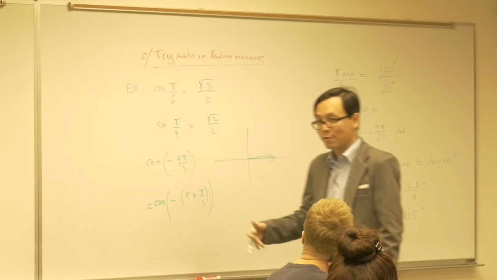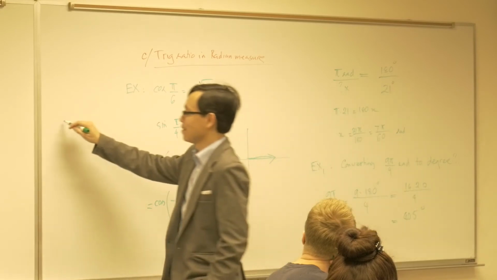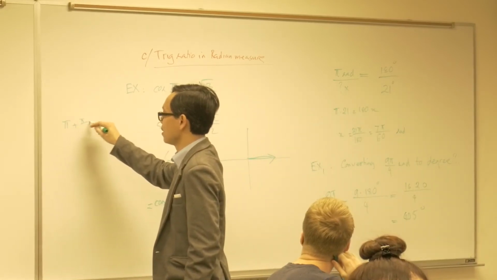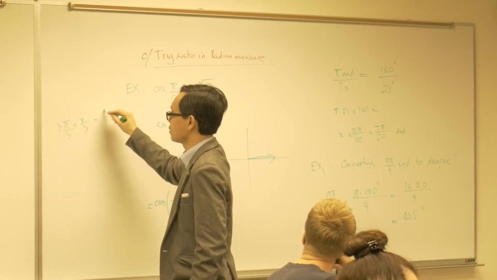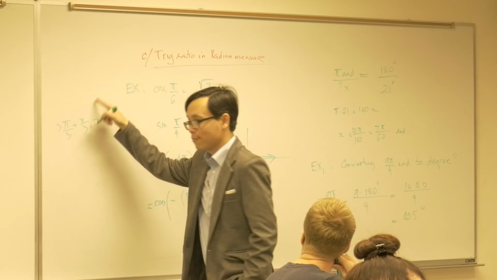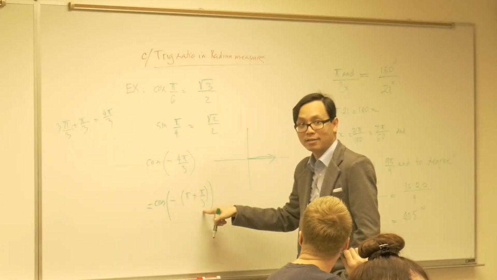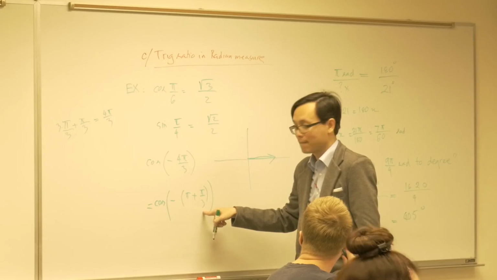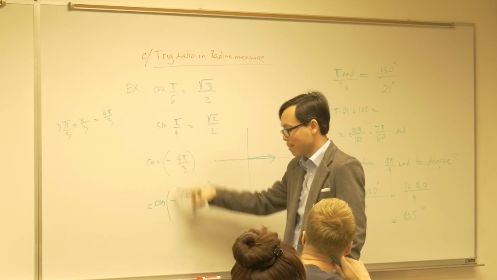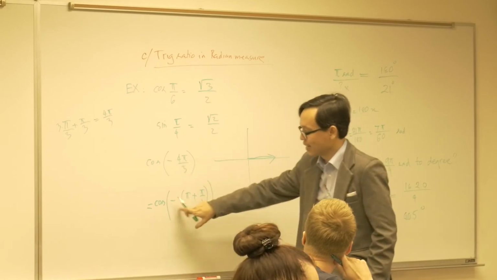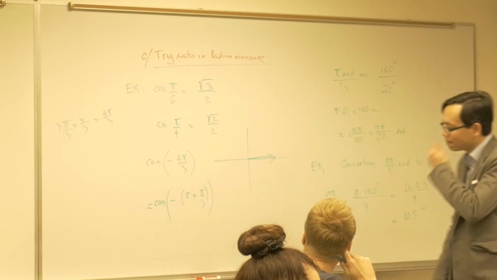I multiply by 3, so 3 pi plus 1 pi is 4 pi over 3. Everybody agree? Okay. The negative sign, I don't throw it away, I just bring it down. Negative here means that we go clockwise.